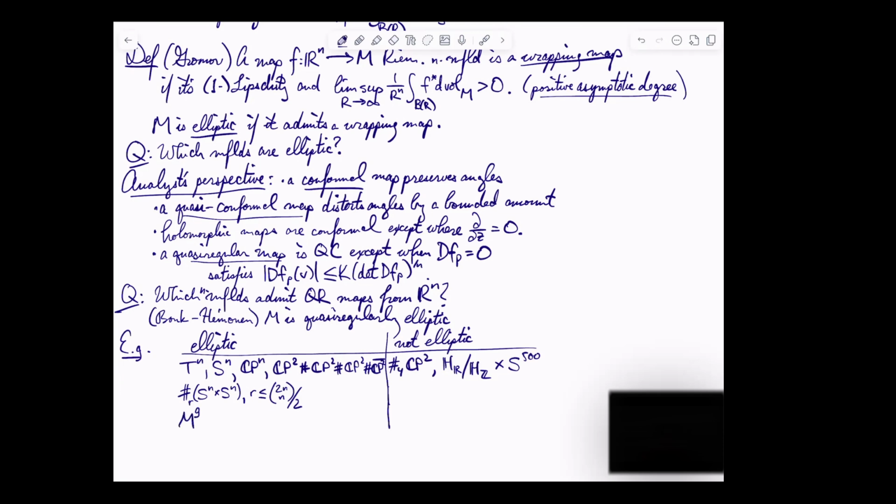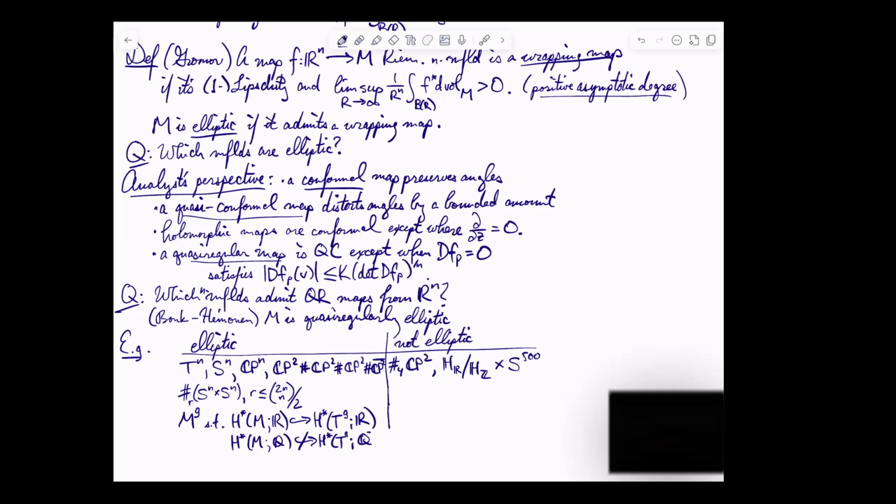I can take a 9-manifold, which I won't define exactly, such that the real cohomology ring of this manifold embeds into the real cohomology ring of the 9 torus, but the rational cohomology ring does not embed into the rational cohomology ring of the torus.